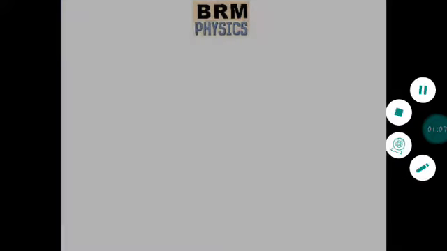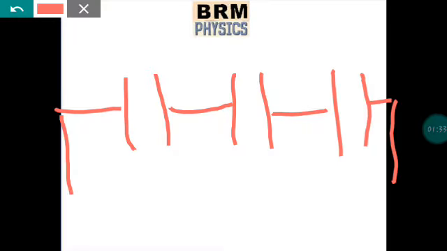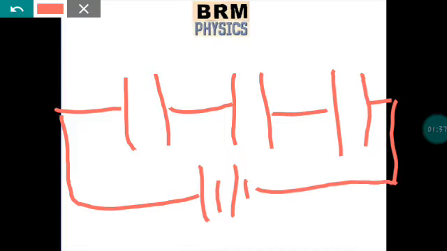So let's see here. Suppose we have a number of capacitors connected in this way, and the terminals of the battery are connected to the ends.